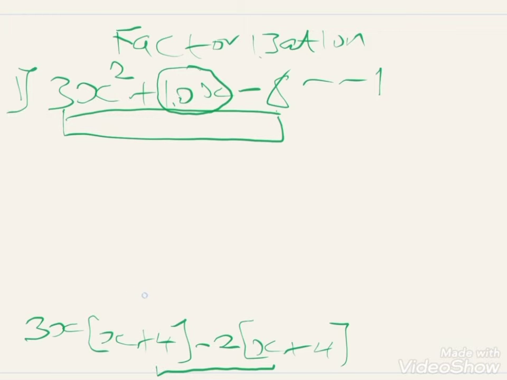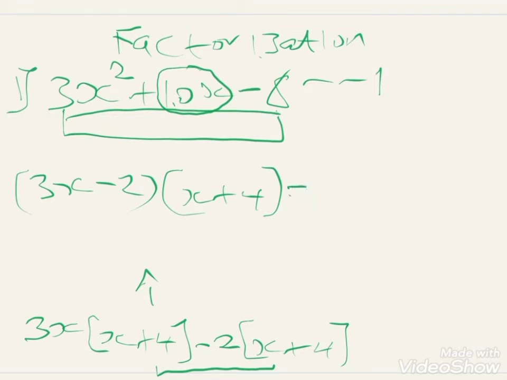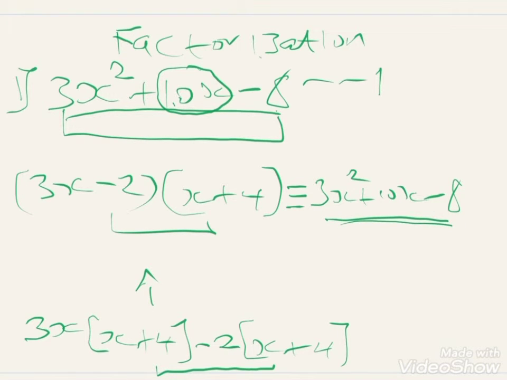Now, I will have this to be 3x minus 2 and x plus 4. These are the factors of this expression, 3x squared plus 10x minus 8. It shows that when you multiply these two binomials out, you shall have this trinomial here. So, yes, there's no mistake.